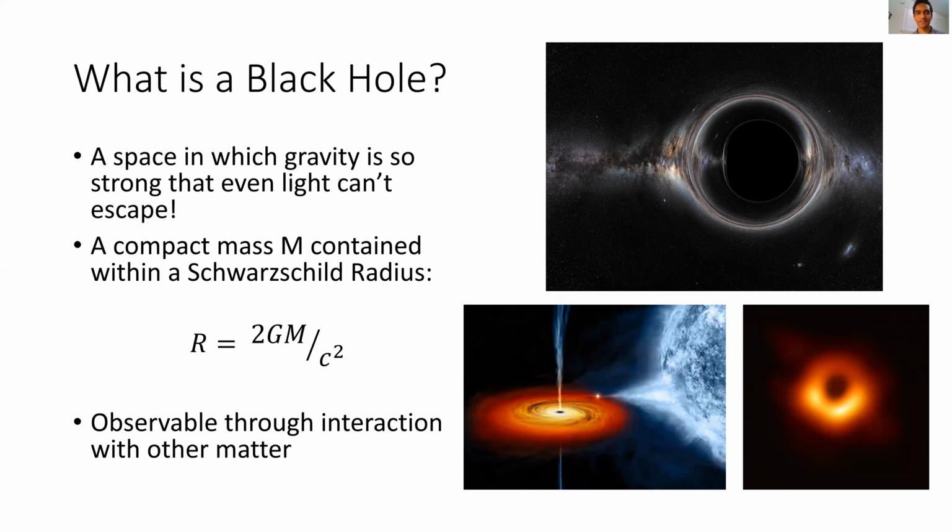They're named that because light can't reach us, and we really rely on light to take all of our astronomical observations and translate it into science. So instead we really learn about them through their interactions with other matter. This picture on the left is a typical stellar mass black hole in a binary system.